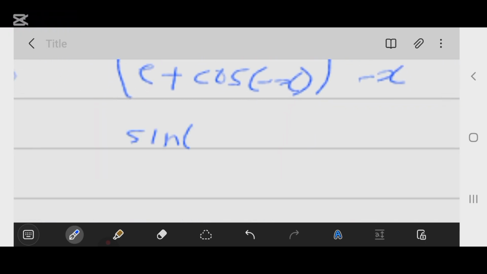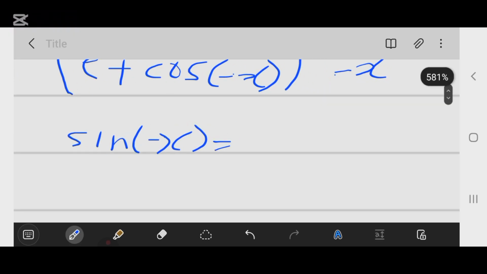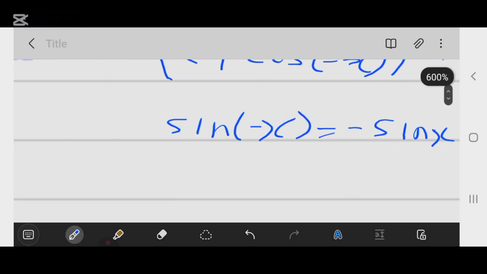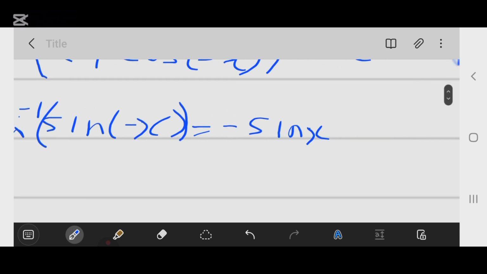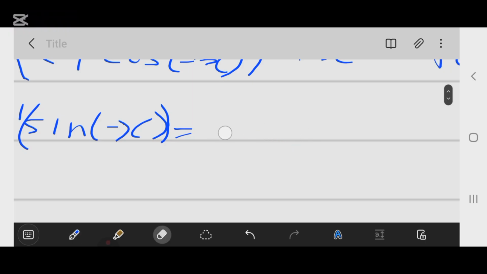Now note that sine minus x is the same as minus sine x. And its arctangent is the same as this.